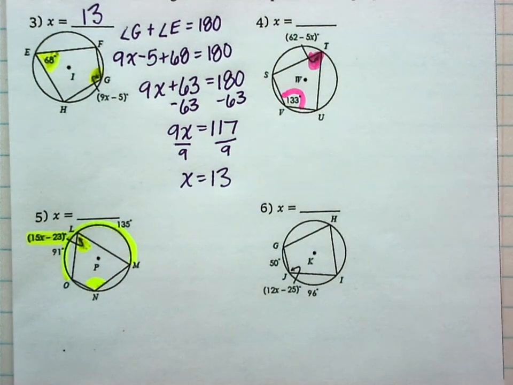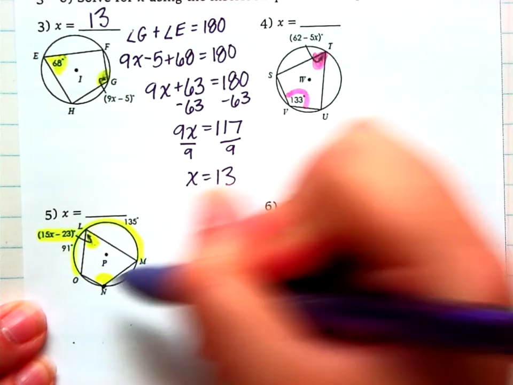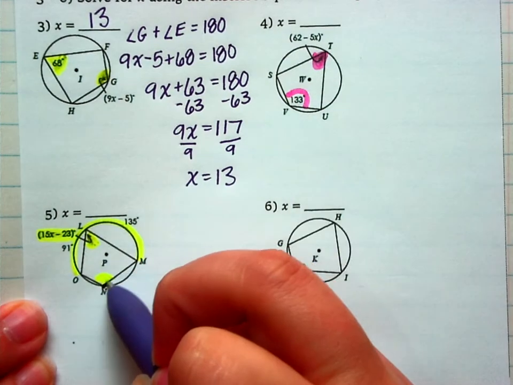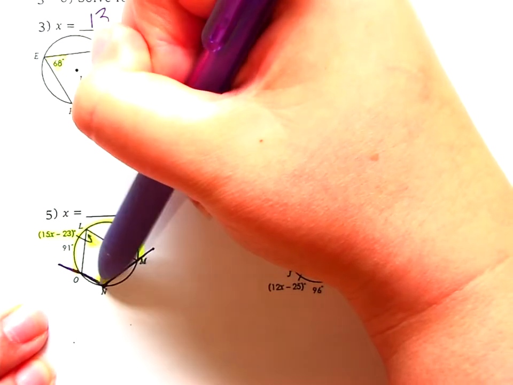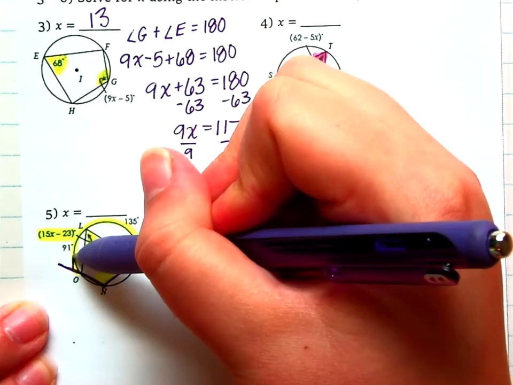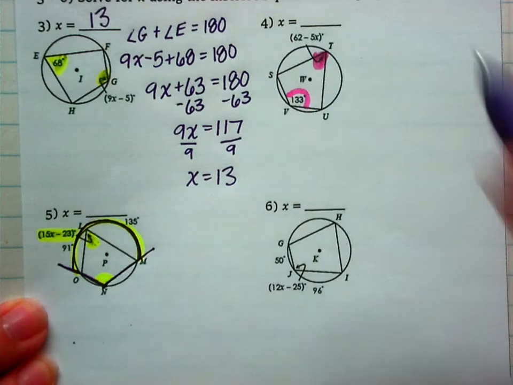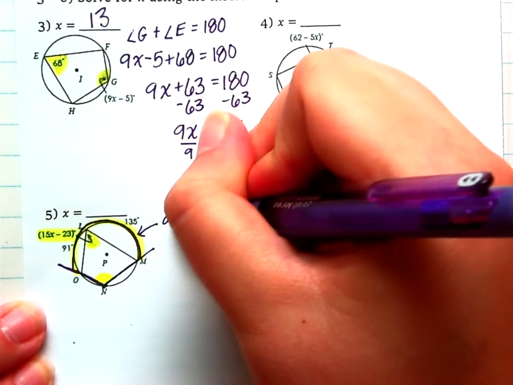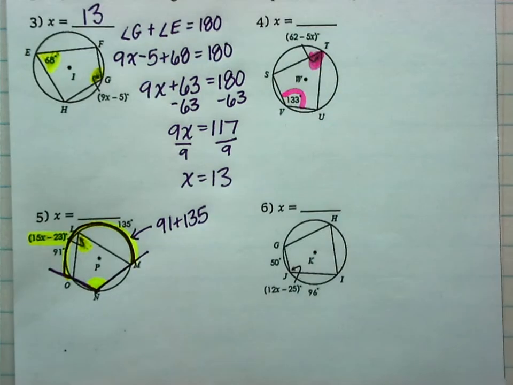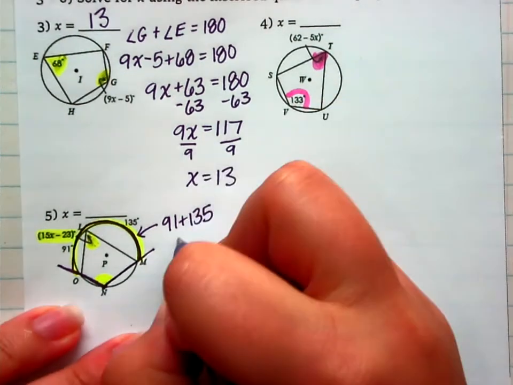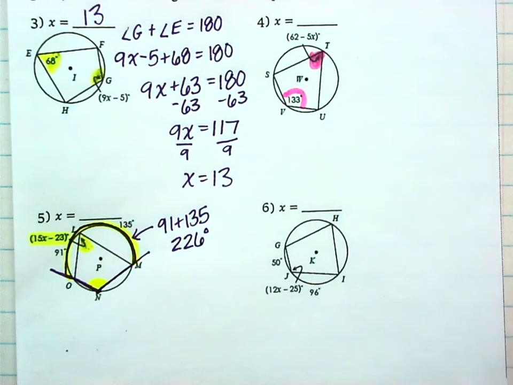So again, layers. There's always layers to this. We know background knowledge. Angle N is an inscribed angle, and it opens up to this arc that I highlighted, 91 plus 135. So that entire arc, 91 plus 135, is 226. So we know that the arc measures 226.